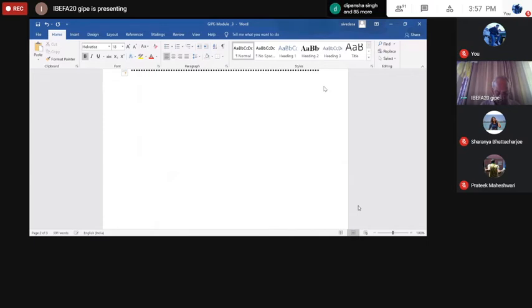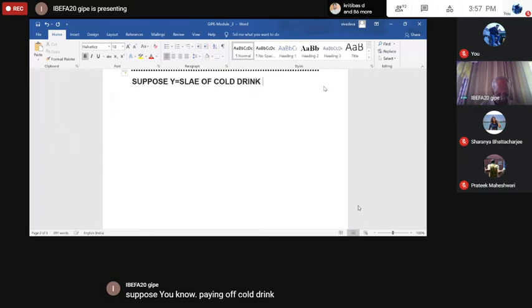Suppose Y denotes sale of cold drink in thousands of bottles per day.